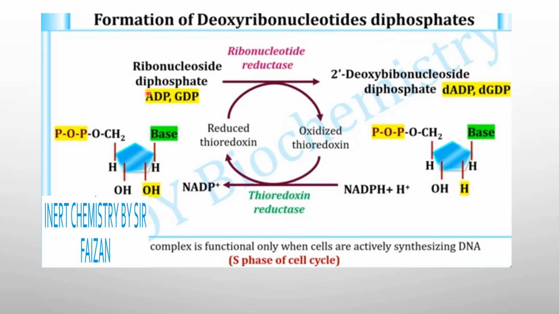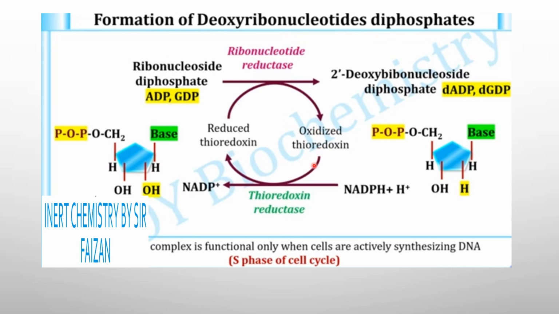For example, ADP and GDP are converted to deoxy ADP and deoxy GDP by the help of the enzyme ribonucleotide reductase. This reaction requires reduced thioredoxin that is oxidized during the reaction.